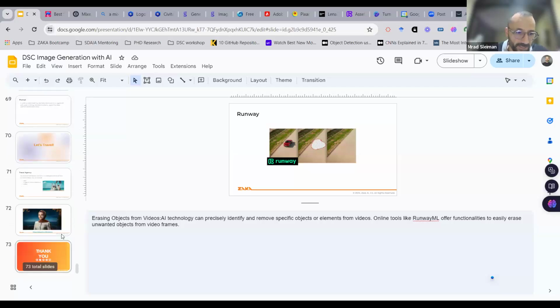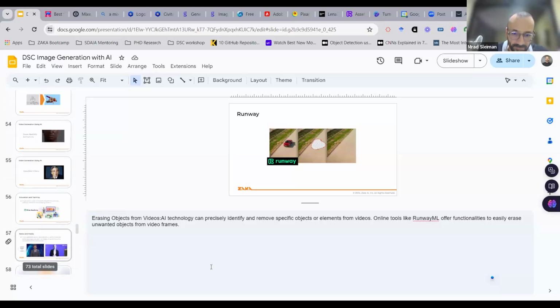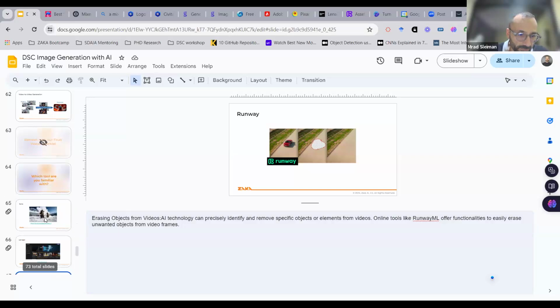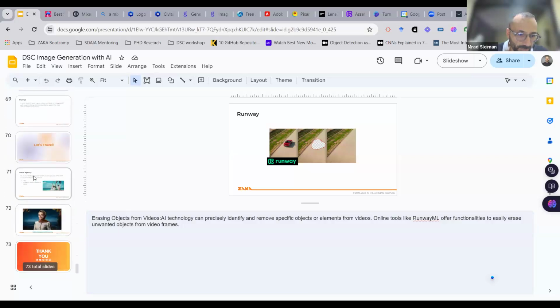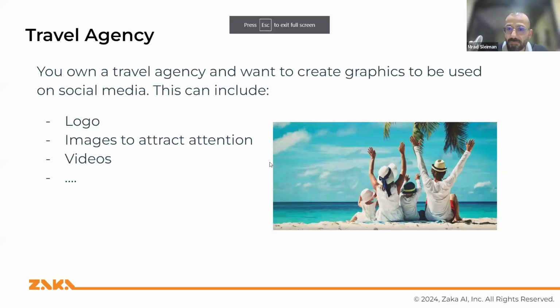One final thing that I need you to think about, like an exercise. Think about a travel agency that you own, and you want to use generative AI to generate a logo, to generate images to attract attention, and generate a video that you can post on social media.